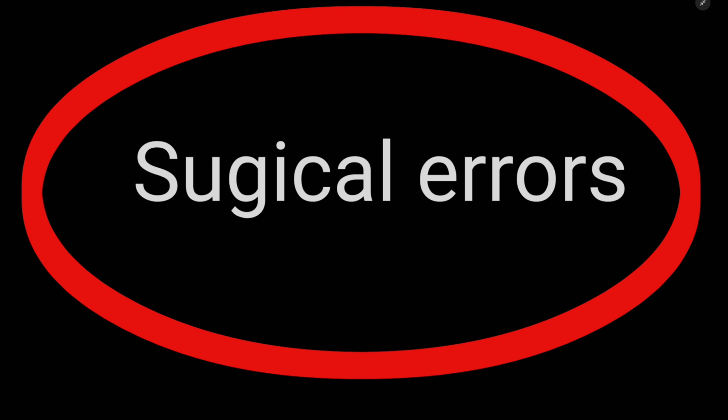We will cover the following topics: what qualifies as a surgical error, common types of surgical error and their impact on patients, how surgical errors happen, negligence, miscommunication and more, the medical and emotional consequences of surgical errors, legal rights for surgical error victims, what your options are, steps to take if you believe you have been affected by a surgical error, and how to pursue compensation and hold the responsible party accountable.